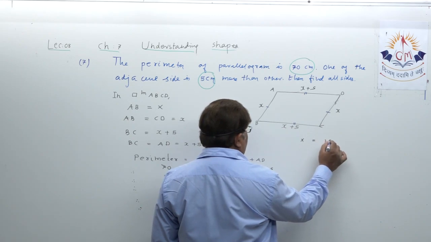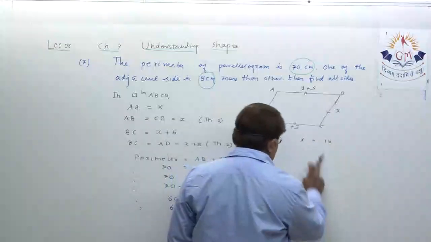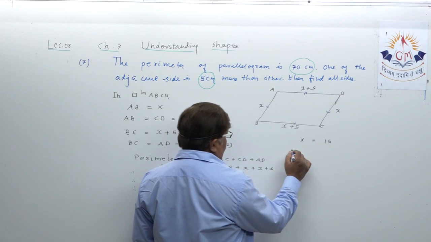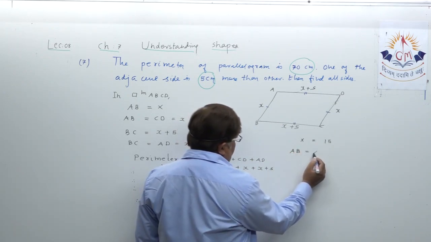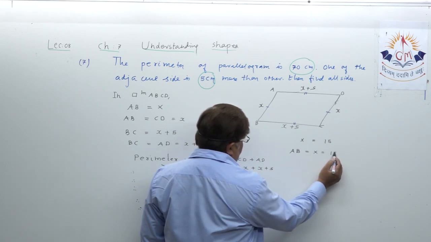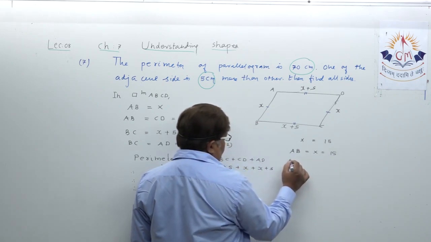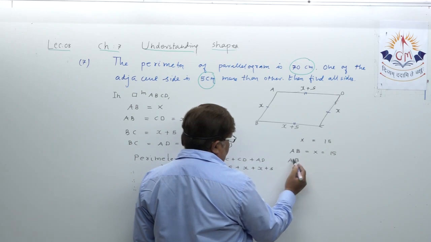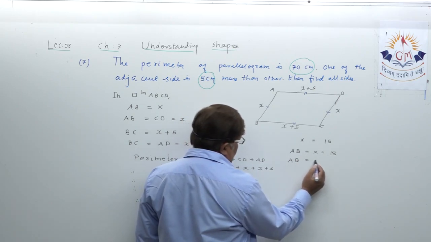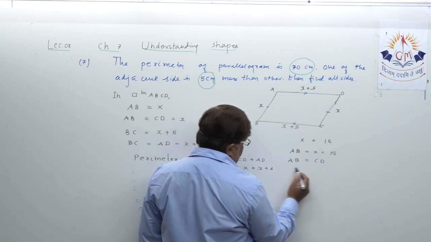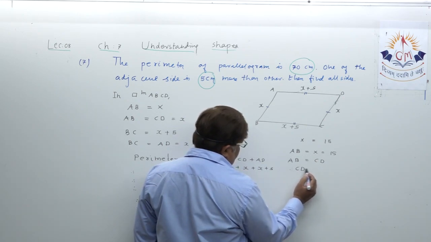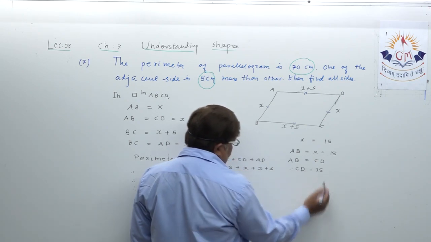Now it's a question of simple substitution. AB equal to x, that equals 15. But as you know, AB equal to CD, so CD also equal to 15.